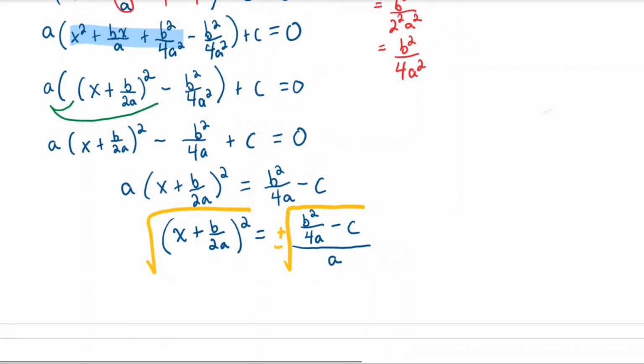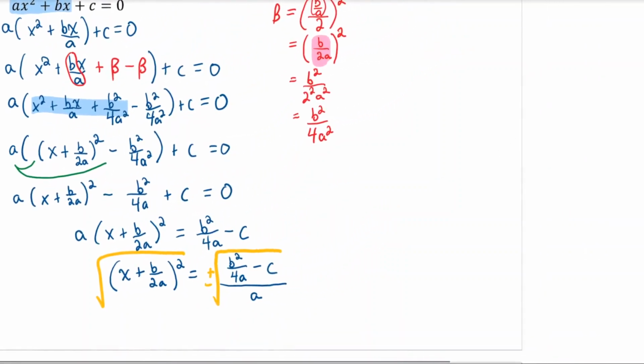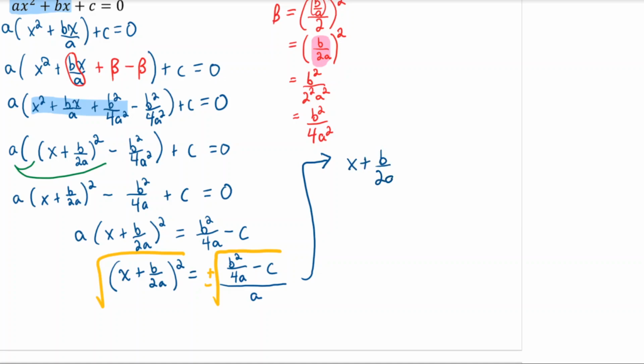Let's create some space here. All right, this gives us x plus b over 2a. Look how that bracket with the squared is now gone.